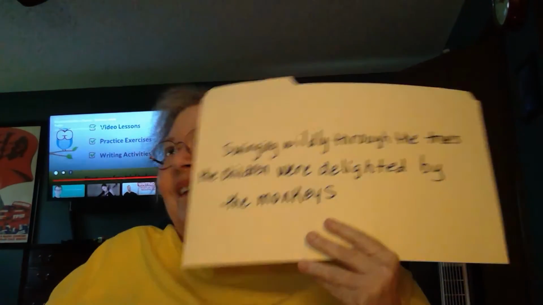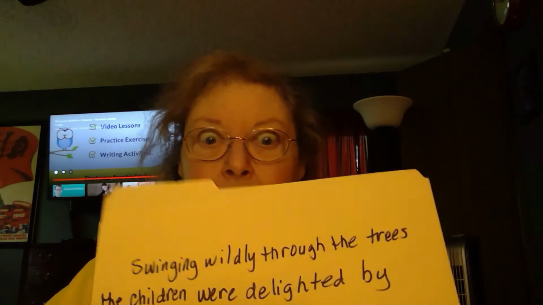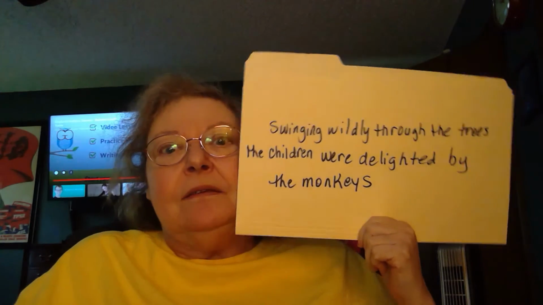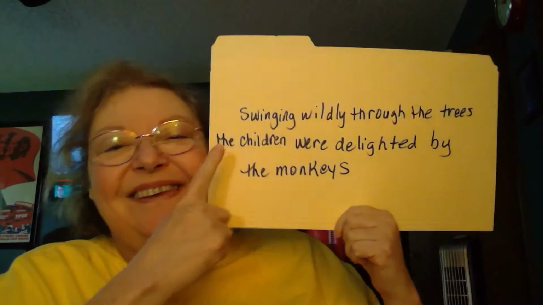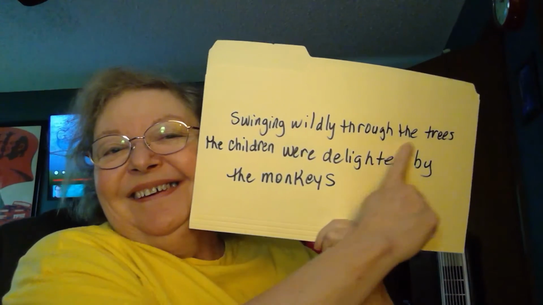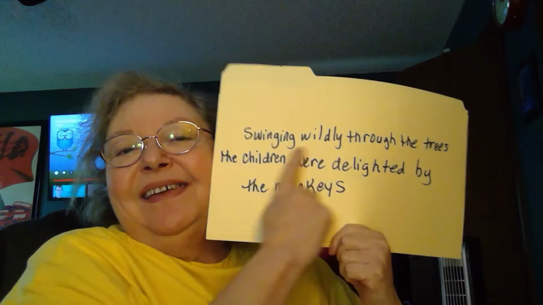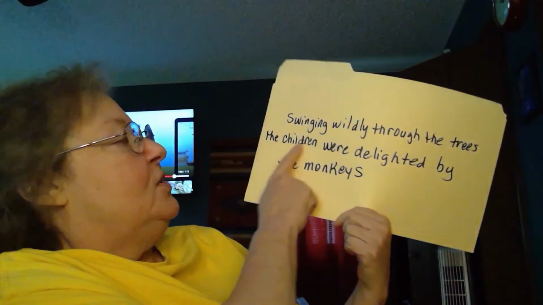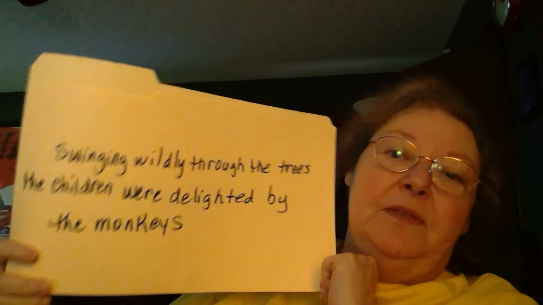Why do you think, Olga? Get down off the trees, kids! What does it look like? The children are swinging through the trees. Yes, no, it's not the children that are swinging through the trees.